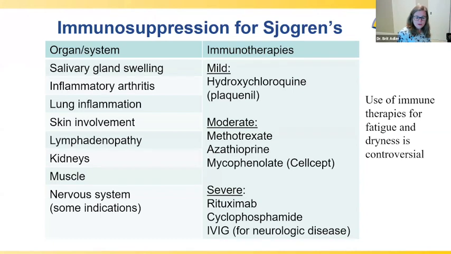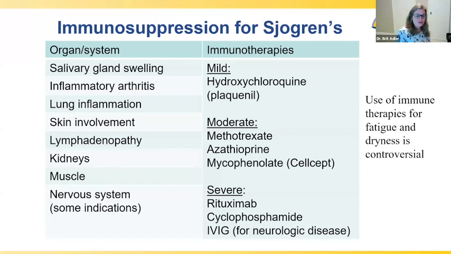And if those do not work, or if the patient has very severe organ disease, then we reach for the infusions. This includes rituximab, which depletes B cells, and cyclophosphamide, which is a very aggressive treatment that we usually only reserve for severe life-threatening or organ-threatening disease. And then also, we do sometimes use IVIG, particularly for neurologic disease.